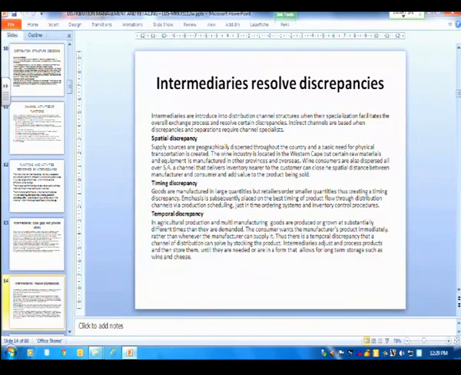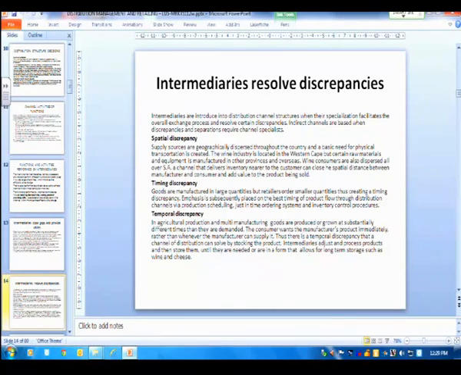Spatial discrepancies. Let's look at spatial discrepancy. Supply sources are geographically dispersed throughout the country, and a basic need for physical transportation is created. The wine industry is located in the Western Cape, but certain raw materials and equipment are manufactured in other provinces and overseas.